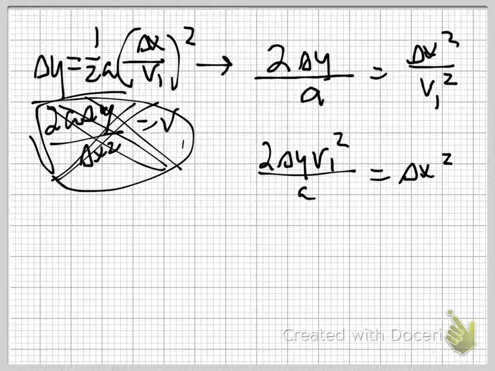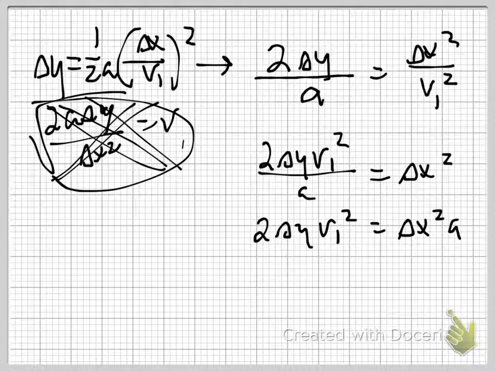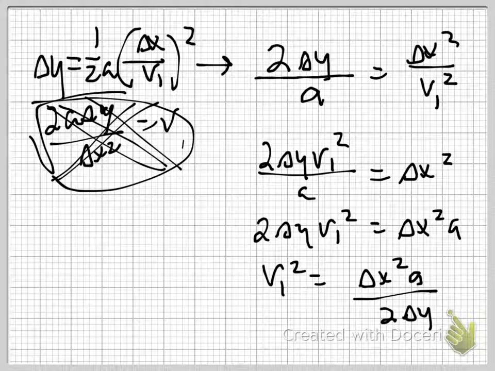To rearrange those, multiply both sides by a, so we get 2 delta y vi squared equals delta x squared a. Divide both sides by the 2 delta y, so vi squared equals delta x squared a over 2 delta y. Take the square root of that. So basically I had it completely reversed. What a goofball. Okay, so that one's kicked.